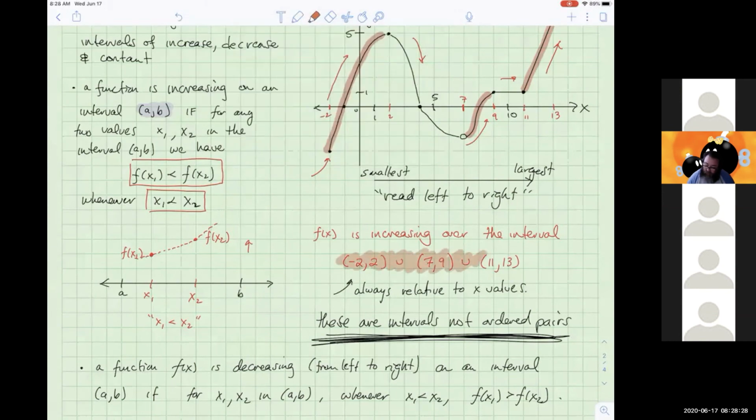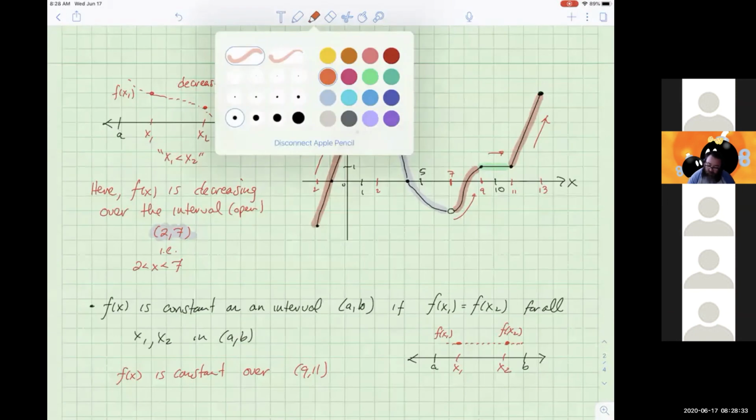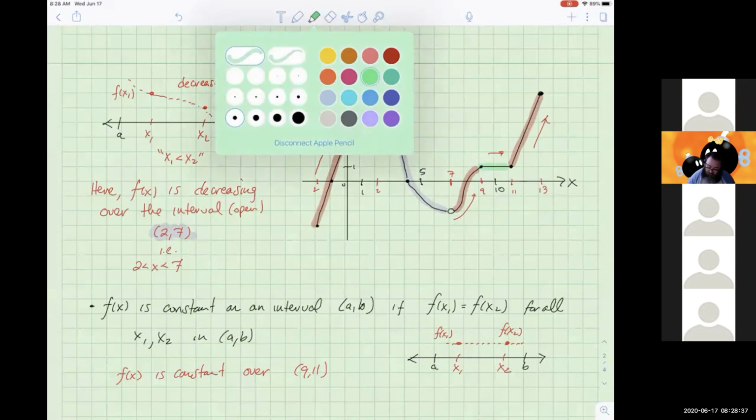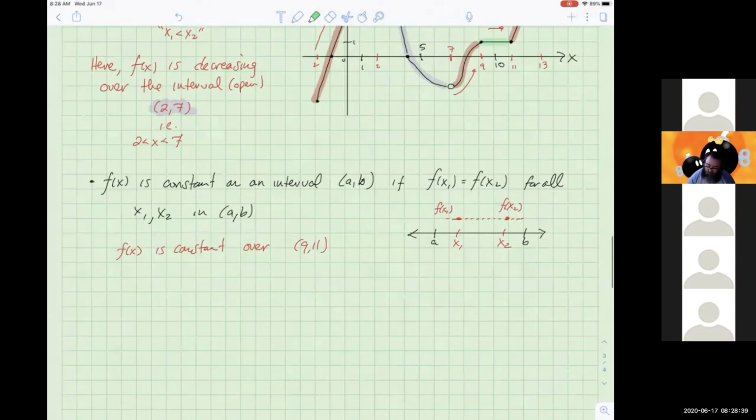That was our increasing. Our decreasing was lavender. Oh, I already did that one. And then our constant was seafoam green. What a lovely color that is. Easter pastels. Okay, so that's increasing, decreasing, and constant intervals.